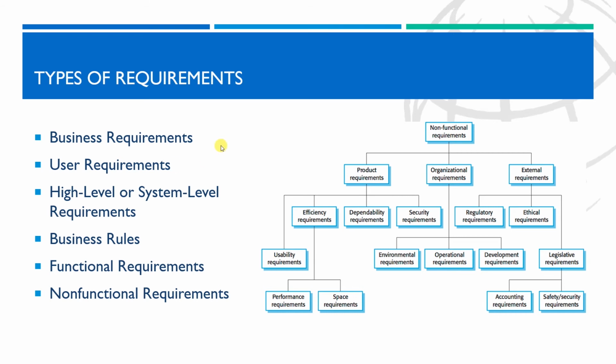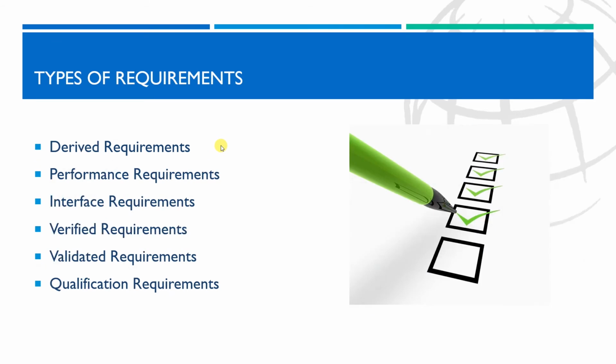The next type of requirement is the derived requirement. That is one that is further refined from a high-level requirement, or a requirement that results from choosing a specific implementation or system element.